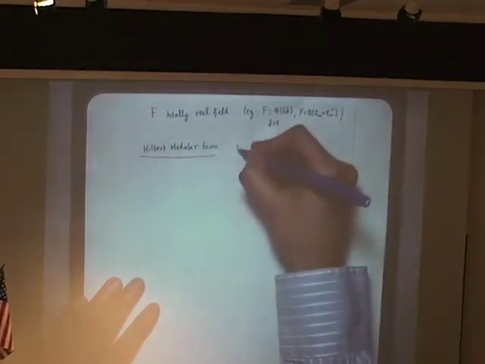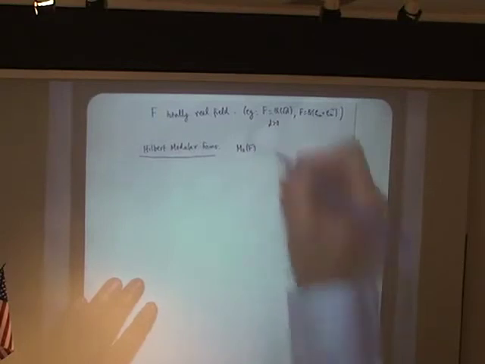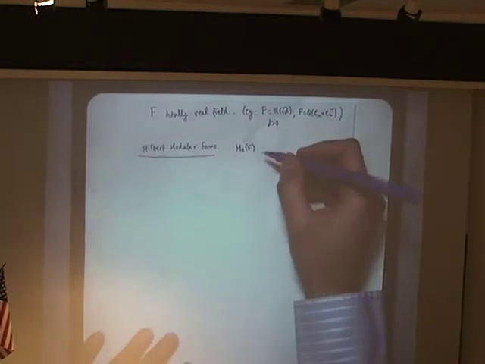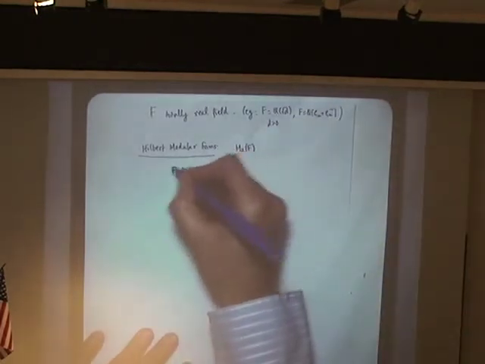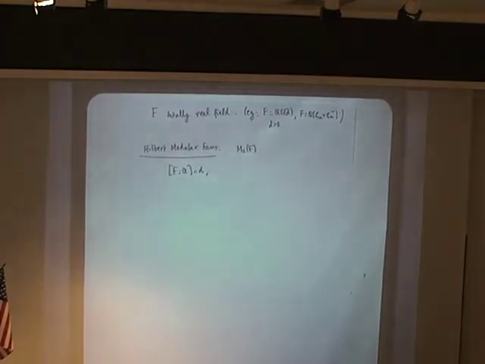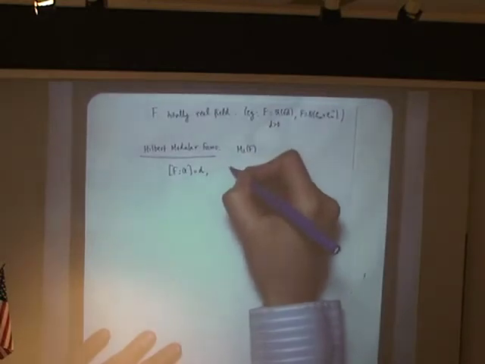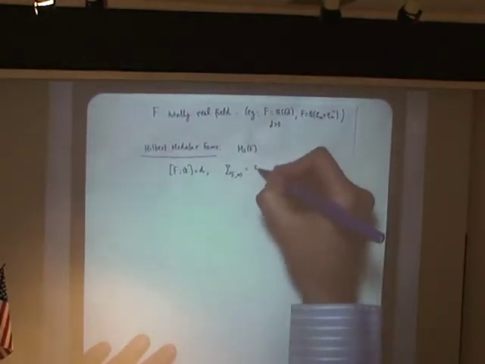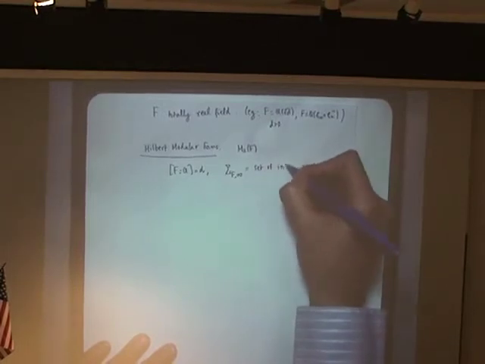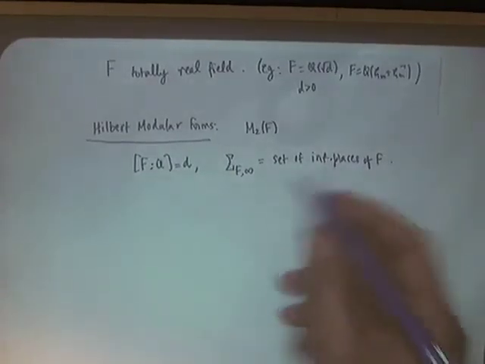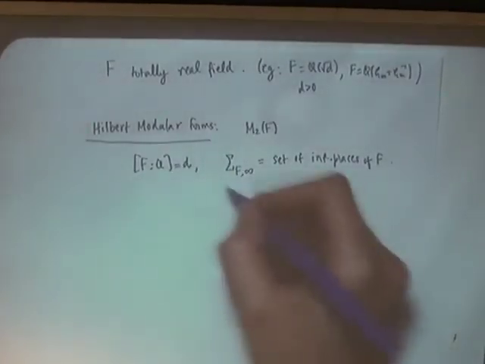And these you should think of as being associated to the matrix algebra M2 of F. Okay? And if F has degree D over Q, then there's not just one weight at infinity, but there's a bunch of weights, one for every Archimedean place. So let's say that I'm going to call Sigma F infinity the set of infinite places of F. And so there's going to be a bunch of weights.